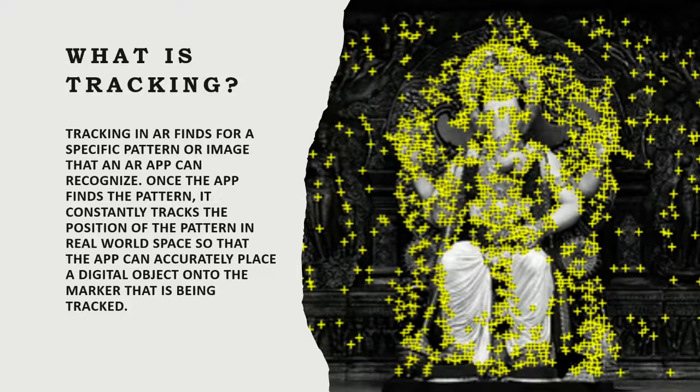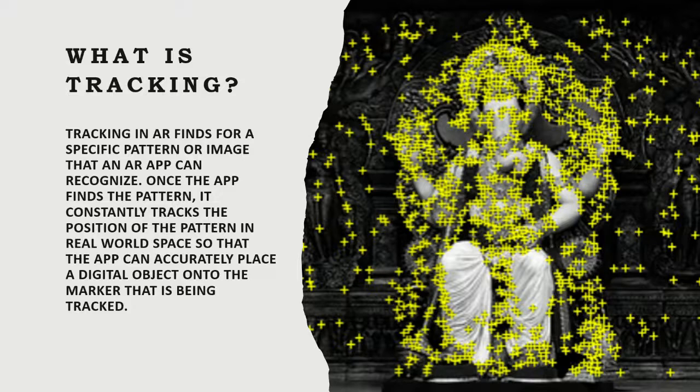How does this help? Whenever we upload an image to a database in Vuforia's dashboard, after you have uploaded your image, you can view the tracking points. This is the image from Vuforia only. I uploaded this image to the database so that I could get the feature points.